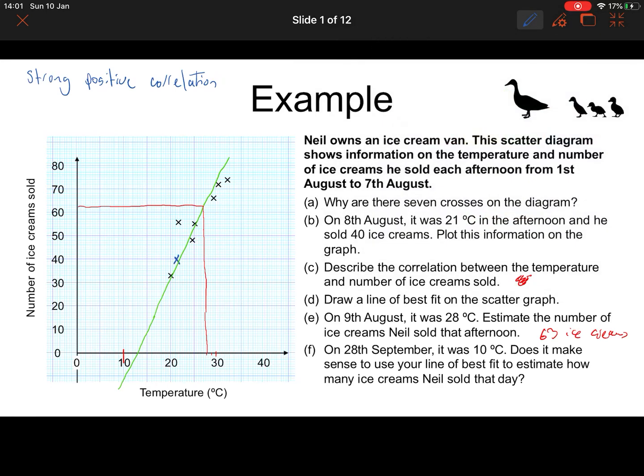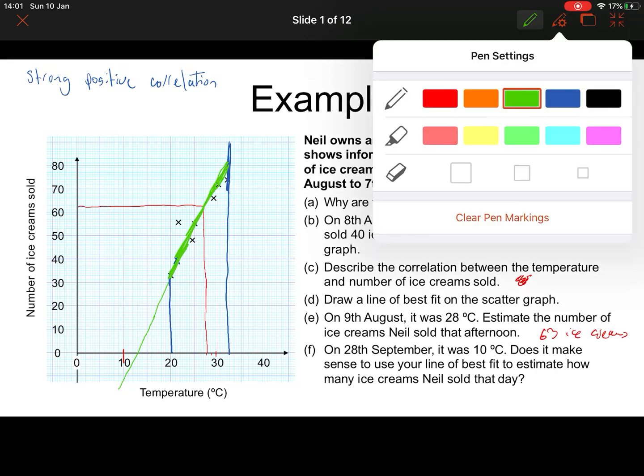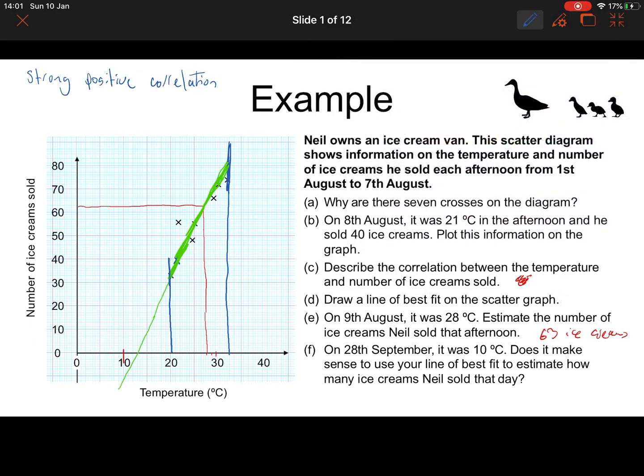So your line of best fit is only accurate between the data that you've recorded. Okay, so you wouldn't really want to use your line of best fit outside of these values, either of the number of ice creams sold or the temperature.